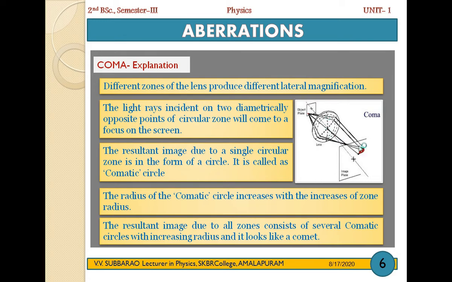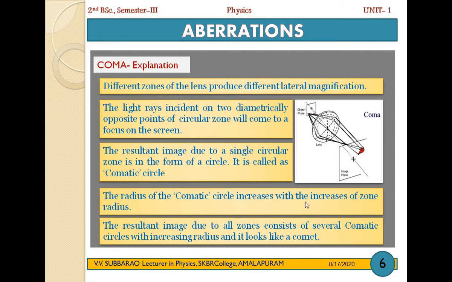Similarly, another set of light rays will be focused to a different point, but the locus of the point images formed due to various sets of incident light on a single zone will be a circle, and we call that circle a chromatic circle. That means each zone forms a circular image on the screen. That circle is called a chromatic circle.